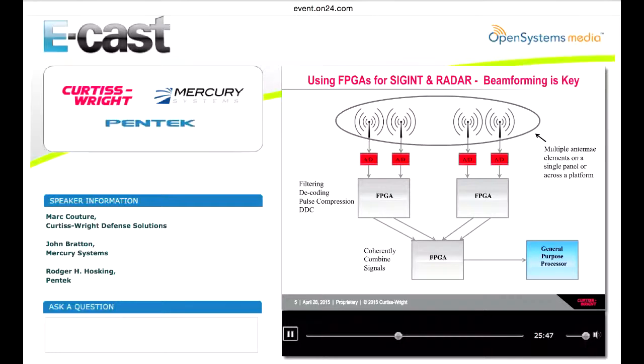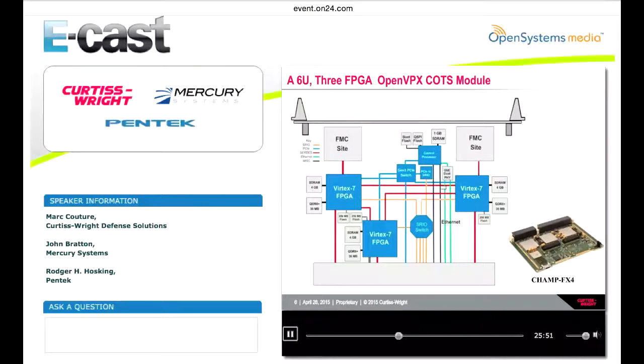So for instance, the ChampFX4 is just one example of a popular Virtex-7 architecture that we have, where we use what are called FMCs, FPGA mezzanine cards. This is a VITA standard. There's lots of FMCs that we support, including homegrown ones at Curtiss-Wright, but we also leverage third-party partners such as Abaco and Fort DSP, et cetera.